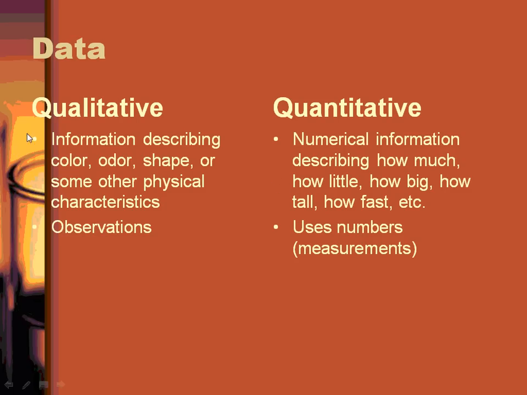So qualitative, hopefully you haven't written it down, describes the quality. What does it look like? Whereas quantitative describes a numerical value. I remember quantitative because if it has an N in it, then it's telling us the number. Quantity, we tell how much we have.